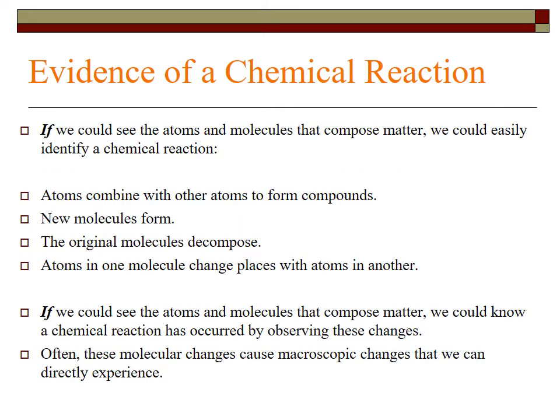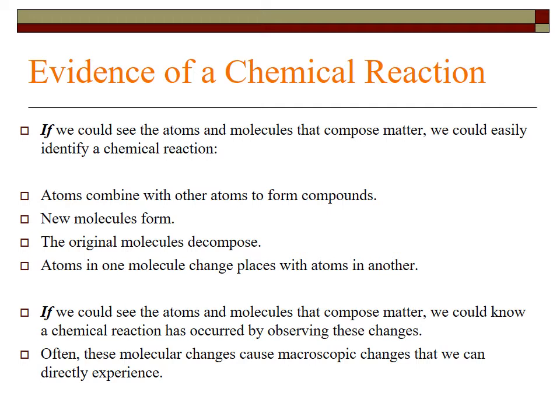The first thing we have to look at is if we have a chemical reaction. And the only way we know whether we have a chemical reaction or not is we look at the evidence of a chemical reaction. If you could see the atoms or the molecules that compose the matter, you could easily identify a chemical reaction. We could say, yes, absolutely it occurred.